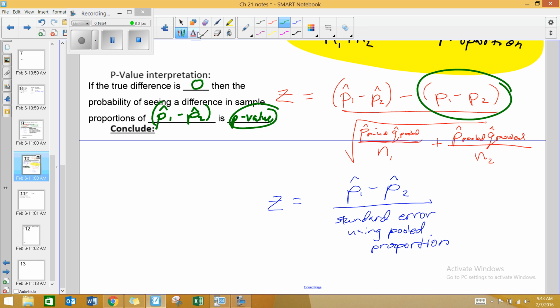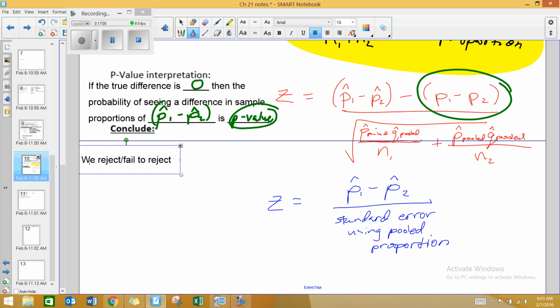All right, and for the conclude step, more templates. So we reject or we fail to reject because the p-value, we always rely on that p-value to tell us our decision. Whatever the p-value is tells us if we rejected or failed to reject.